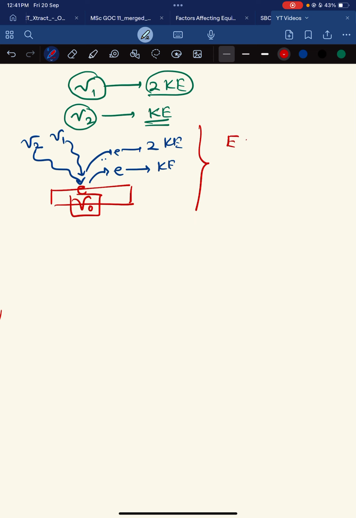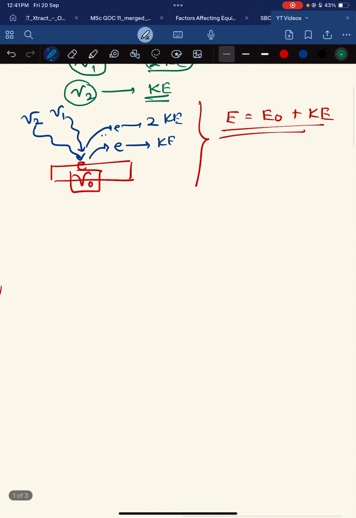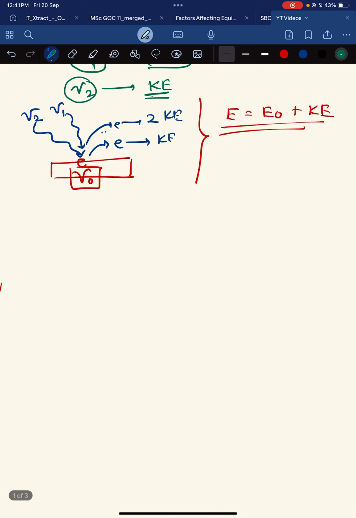To solve this, we use the equation: total energy supplied is the work function of the metal plus kinetic energy. For mu2, the kinetic energy is Ke, so E2 is equal to E0 plus Ke. For the same metal the work function remains the same, though it varies between metals.